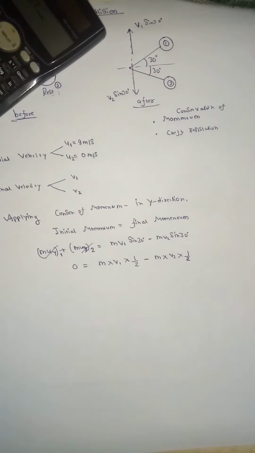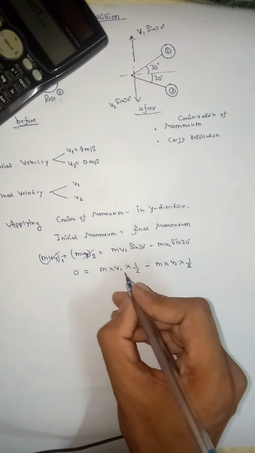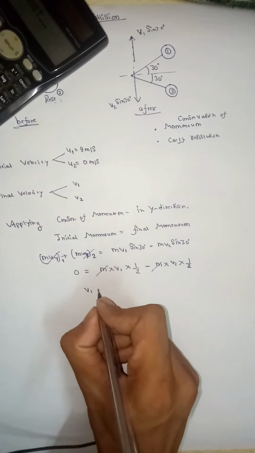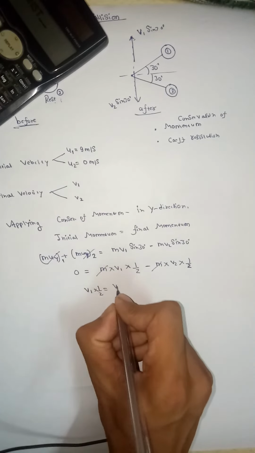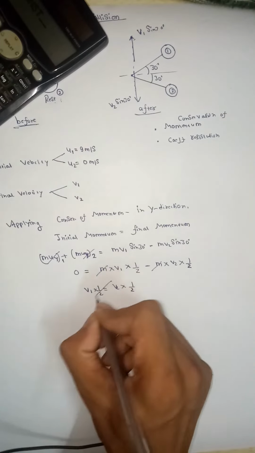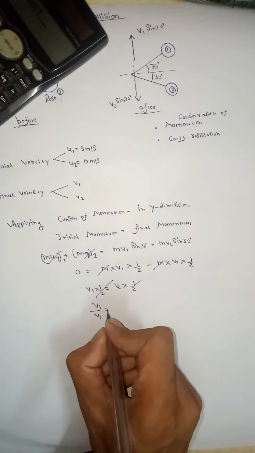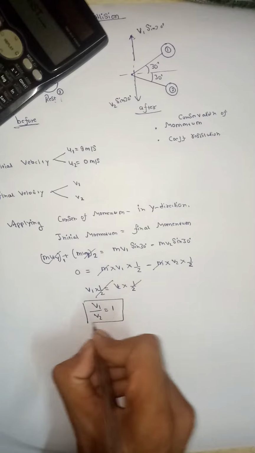The masses are the same, so the mass will cancel. So v1 into 1 by 2 is equal to v2 into 1 by 2. So 1 by 2 cancels, and the ratio of the velocities after the collision, v1 by v2, is equal to 1.